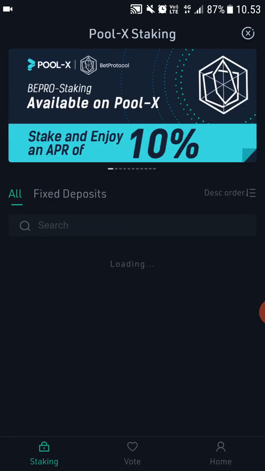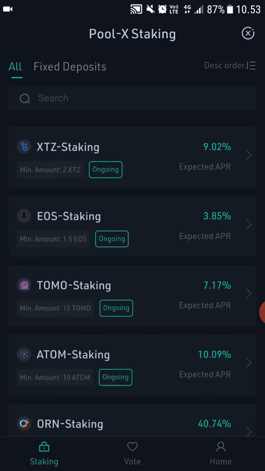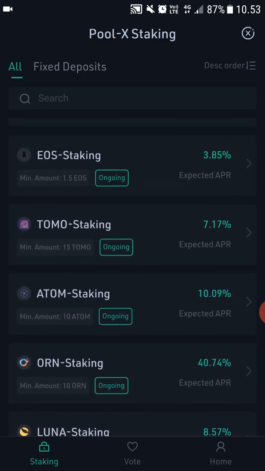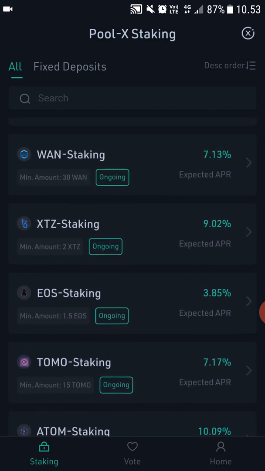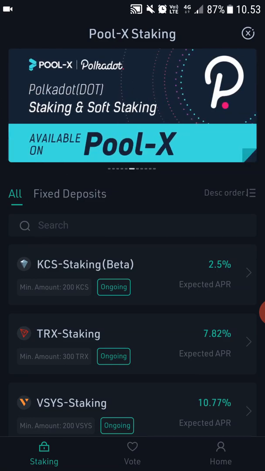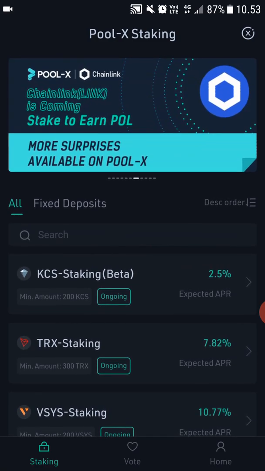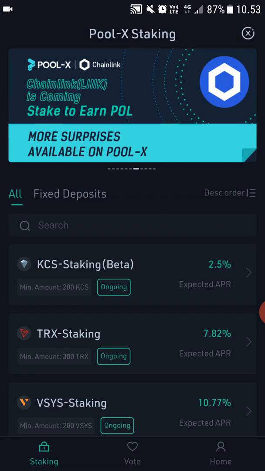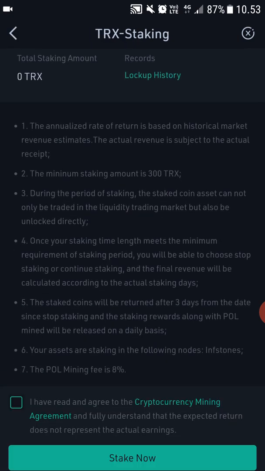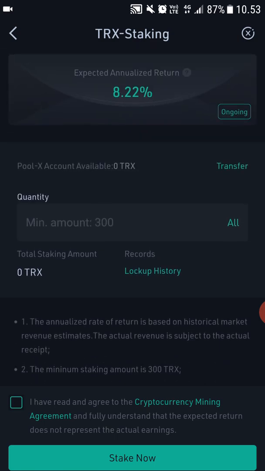You can't join now, you have to join before they start. These are the ongoing ones, where you can participate now if you want to stake your coins. But always read the rules, so you understand what you're currently doing.